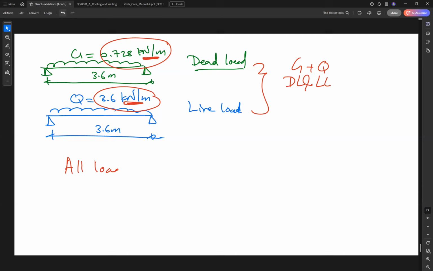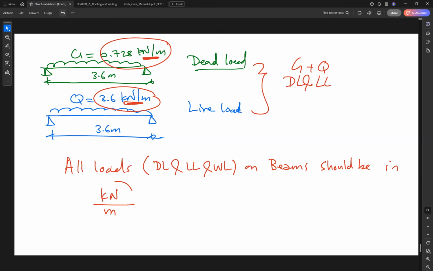All loads, including dead load, live load, and wind load on beams, should be in kilonewton divided by meter, so that we can combine them together.